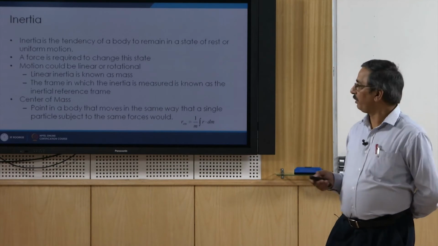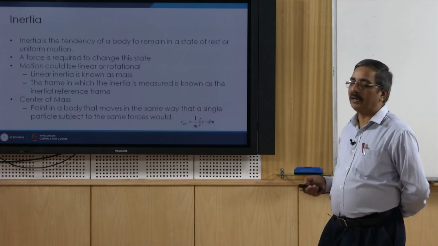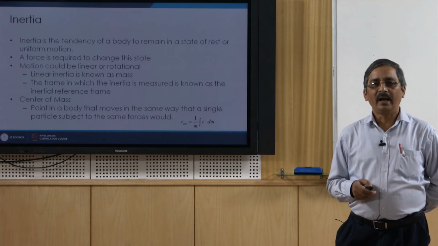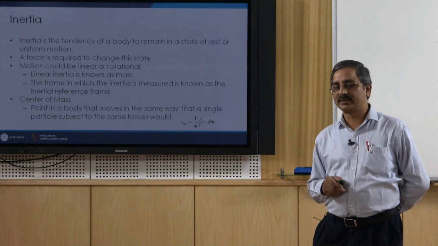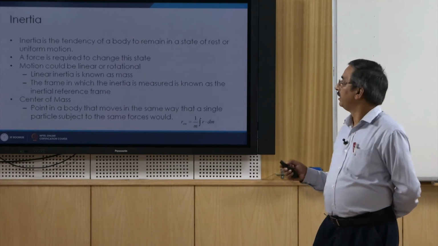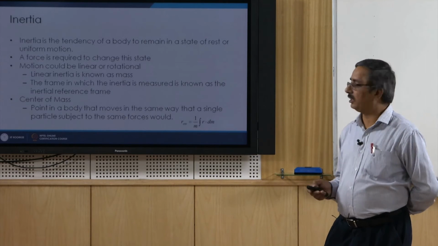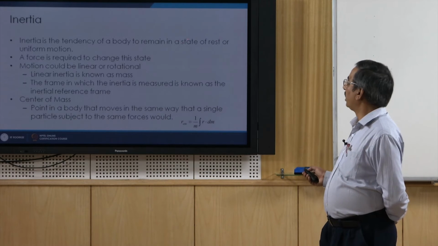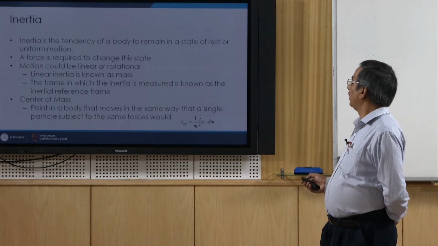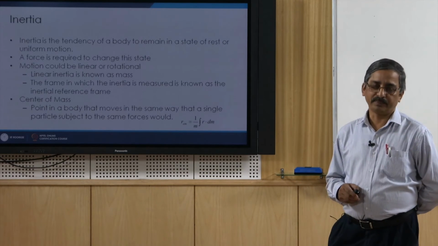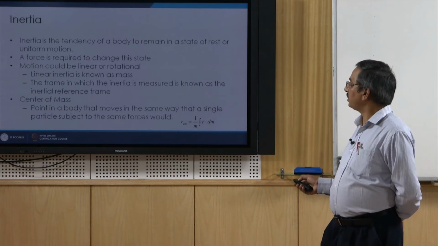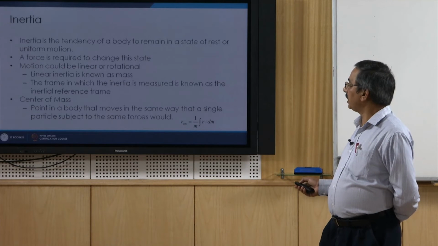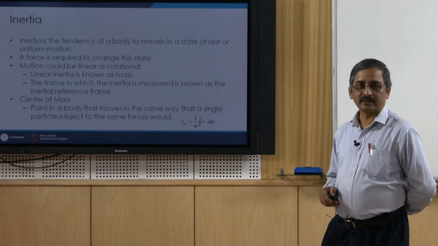Now, before we proceed, a small discussion about inertia, because we are talking about dynamics and without inertia, dynamics is meaningless. Inertia is the tendency of a body to remain in a state of rest or uniform motion. A force is required to change this state. Now, the motion could be linear or rotational.